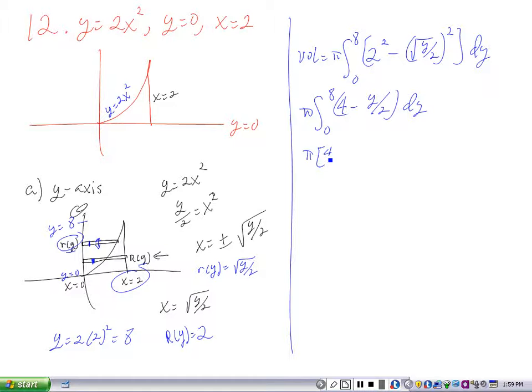So we get 4y minus y squared all over 4, evaluated from 0 to 8. So we get pi times 32 minus 64 divided by 4, 8 squared. 64 divided by 4, 16. Just get 16 pi.